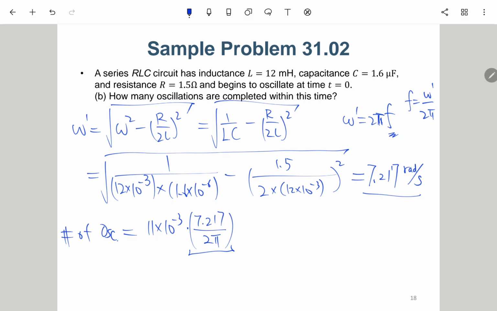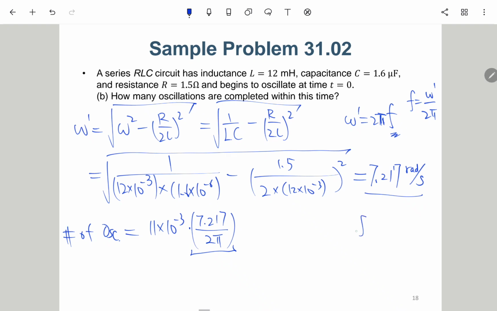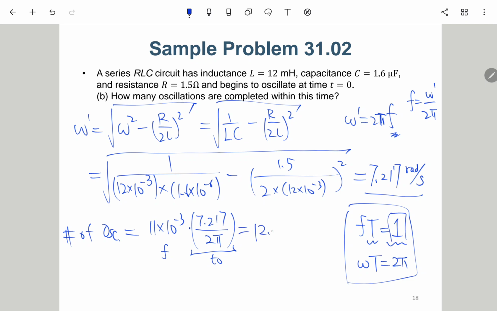f times t0, because f times t, if it is the period, it becomes a 1. If it is omega t, it becomes 2 pi. So now we have f times t0, so it becomes how many cycles? This is a single cycle here. So this is 12.6 cycles.